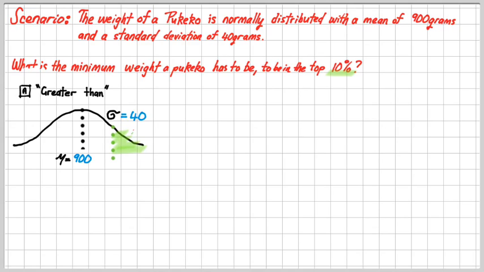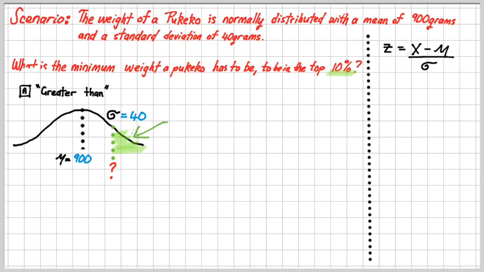Alright, so how do we go about solving this problem? So there's my 10% probability there, or 0.1, and I'm looking for that value there. So typically when we're calculating a probability using a normal distribution, we're actually given that question mark, the mean and the standard deviation, and we're asked to find the probability in the green. So hopefully it's a little bit clearer about what you're trying to do here.